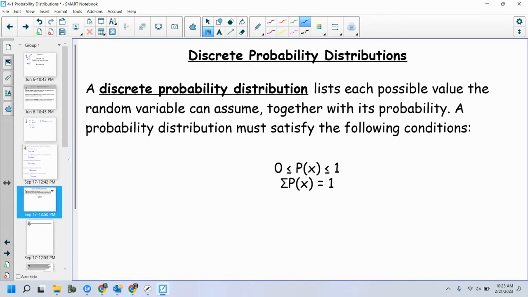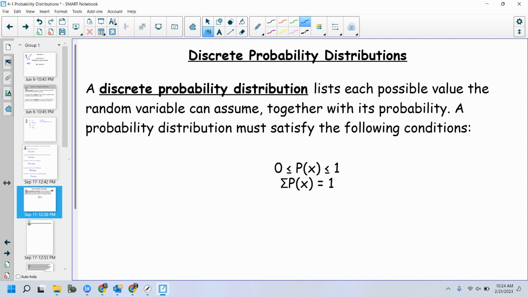So then we have what's called a discrete probability distribution. A discrete probability distribution lists each possible value that the random variable can assume, together with its probability. So a probability distribution is basically like saying, here are all the possible outcomes you could have, and here are all the probabilities.